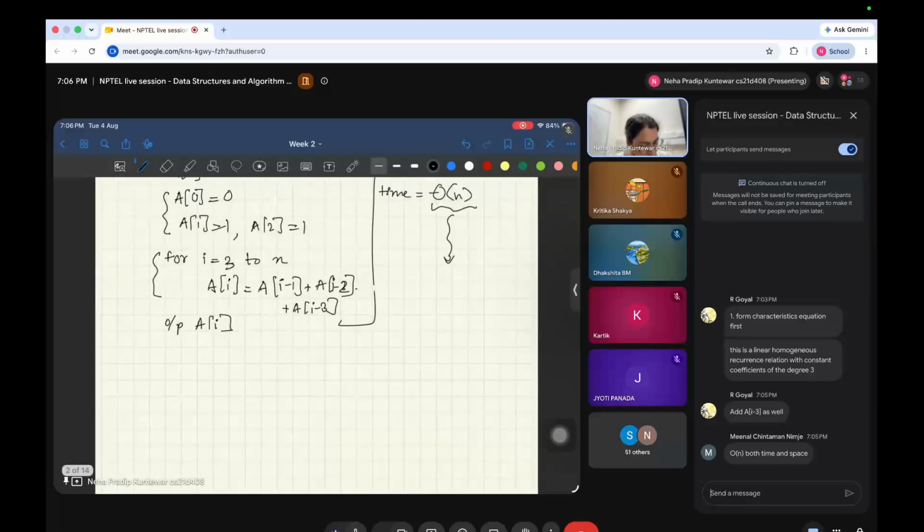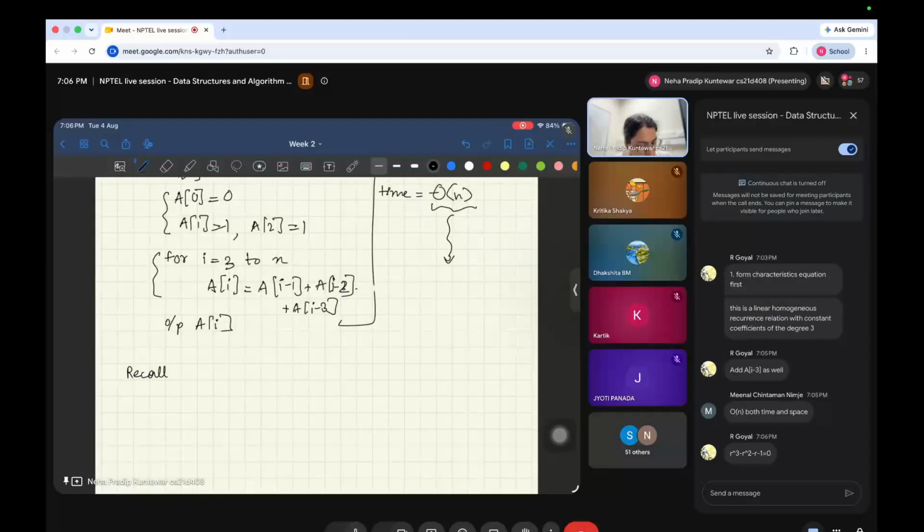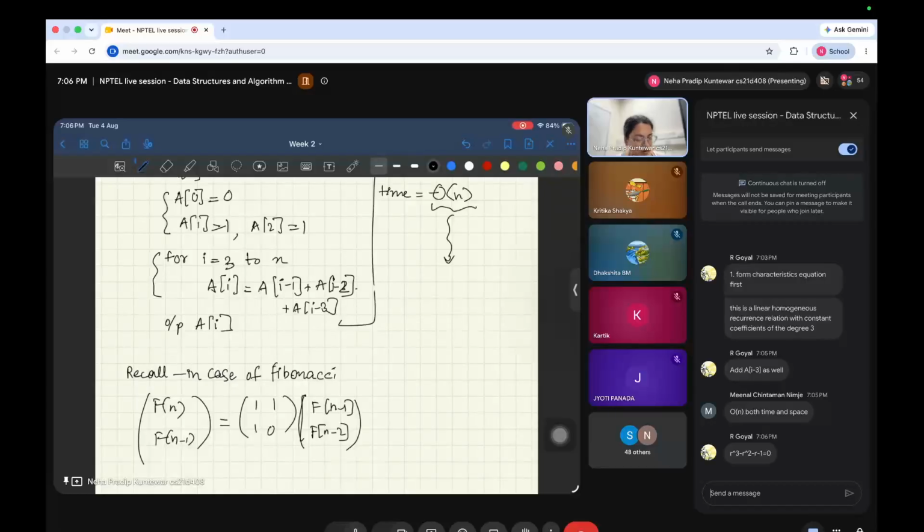Okay, so recall that in case of Fibonacci, what we did was we wrote f of n and f of n minus 1 as a matrix, and we saw that this was equal to the matrix multiplication of this matrix A with this vector.